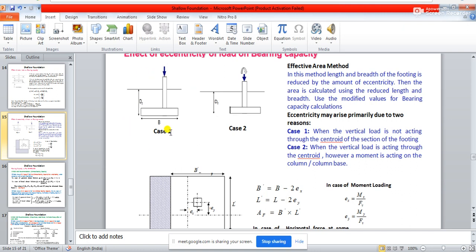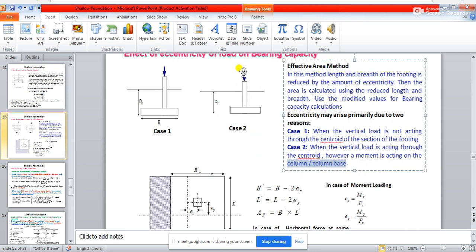This is a very common kind of case. And the second case, when the vertical load is acting through the centroid. In this case you notice the vertical load is acting through the centroid. However, there is a moment acting on the column or the column base.